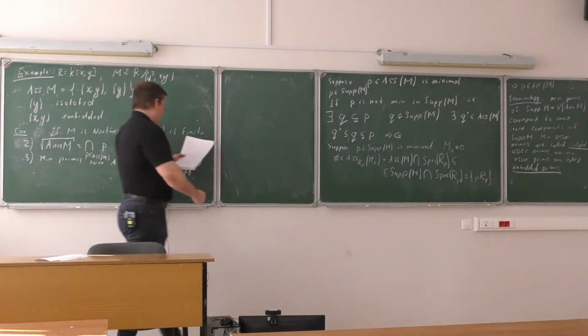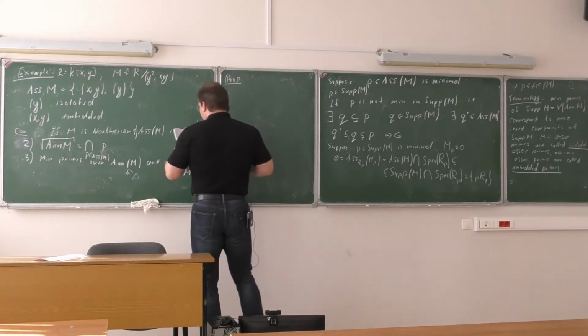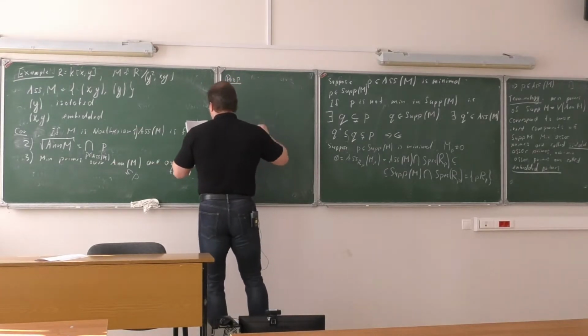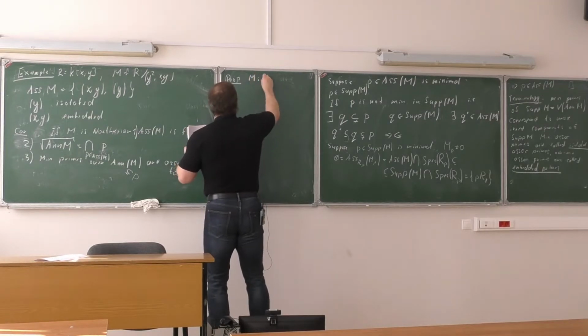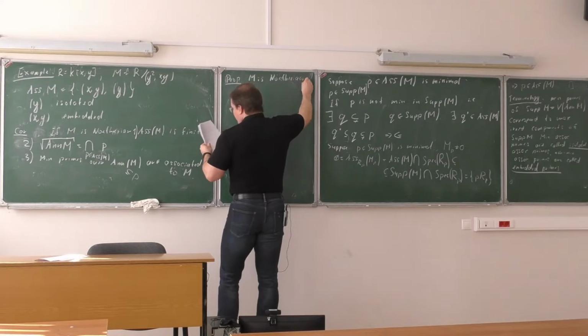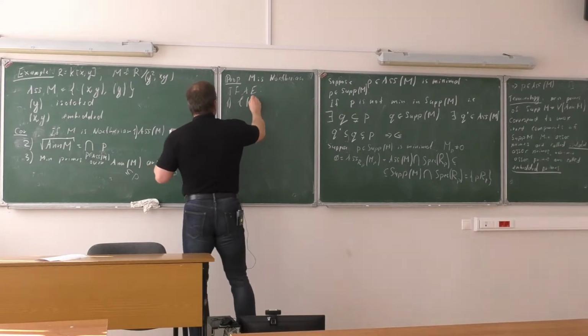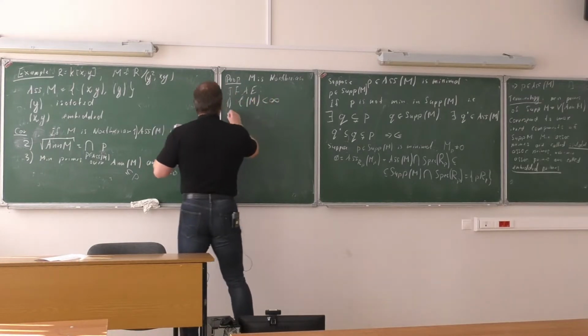Okay. And still I want to finish with one more proposition, which I think is quite interesting. So assume that M is Noetherian, as before. Then the following three statements are equivalent. First, M is a module of finite length.